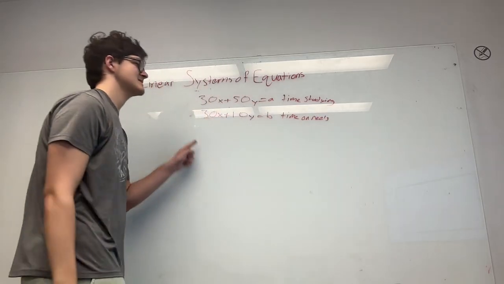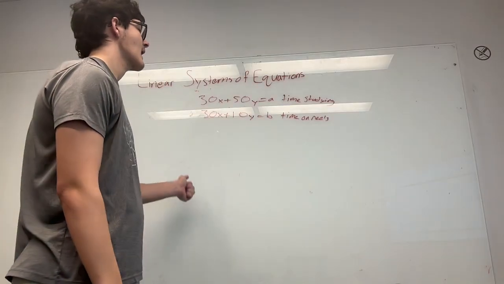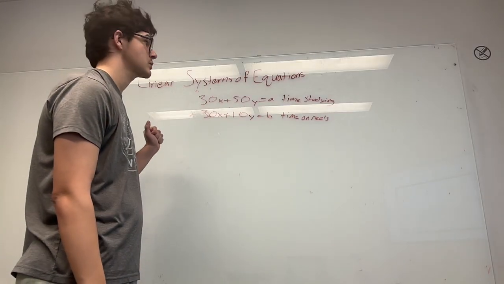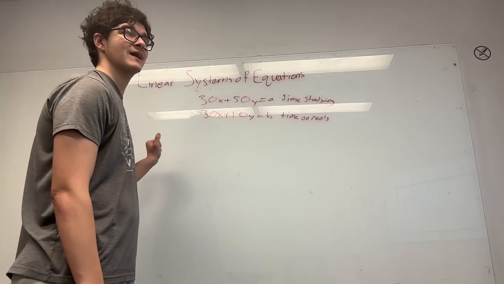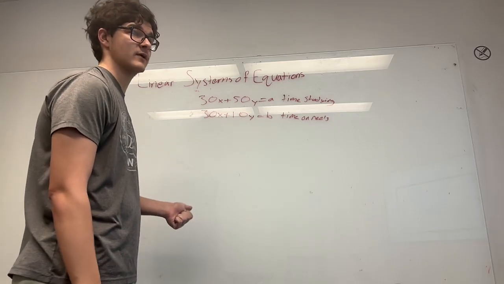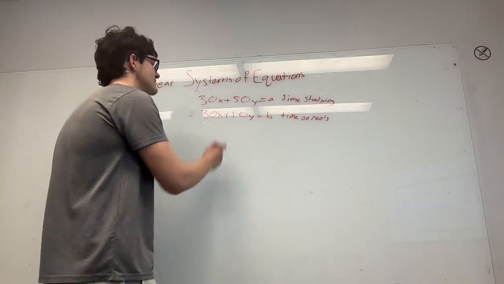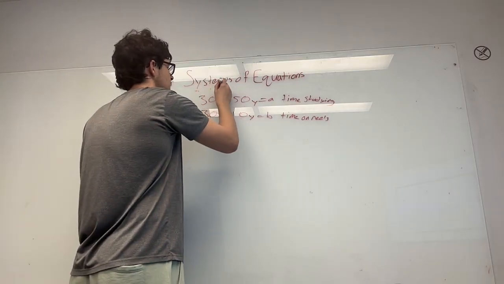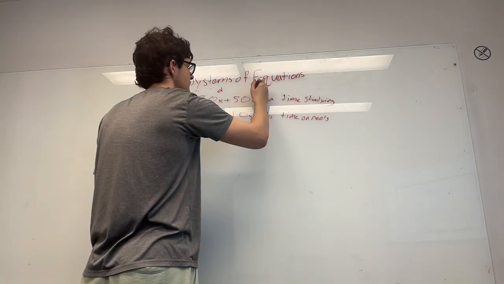So using this system of equations, we can find things out. If I studied for 3 hours in my room and 4 hours in the library, what does that mean? We know that x is time spent in my dorm and y is time spent in the library.